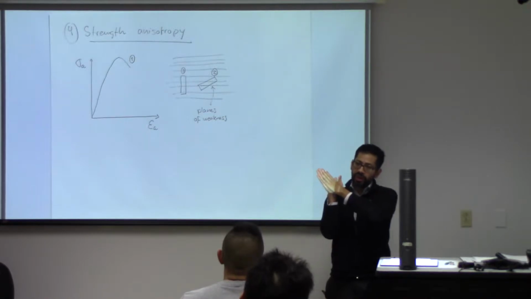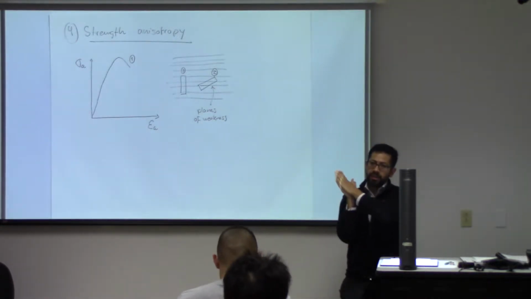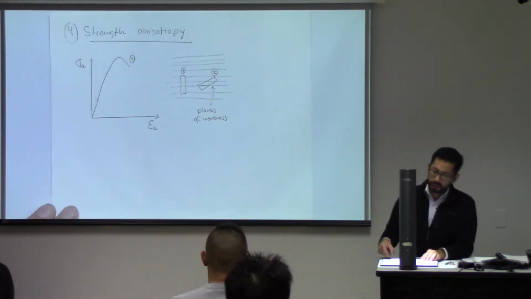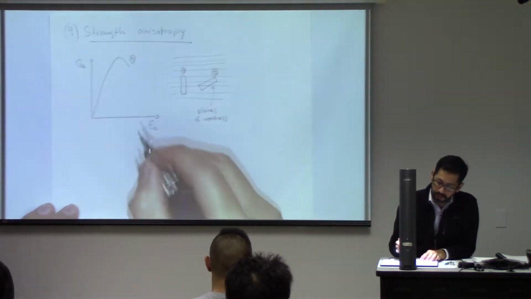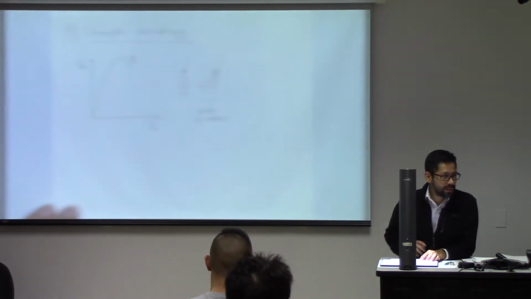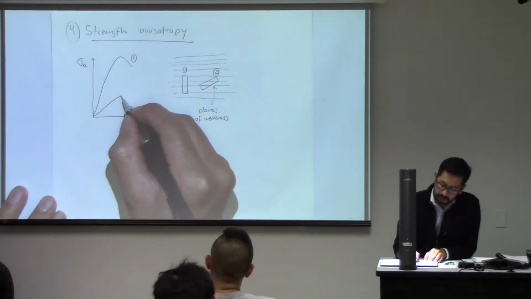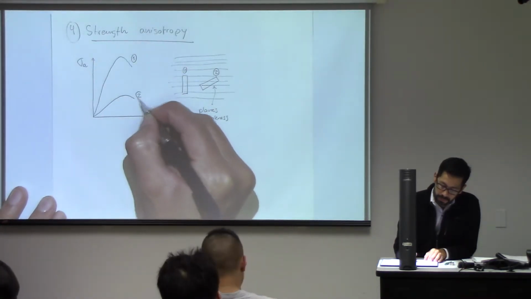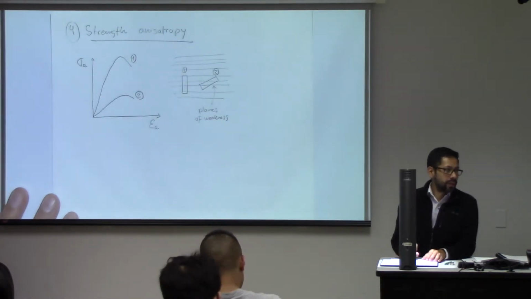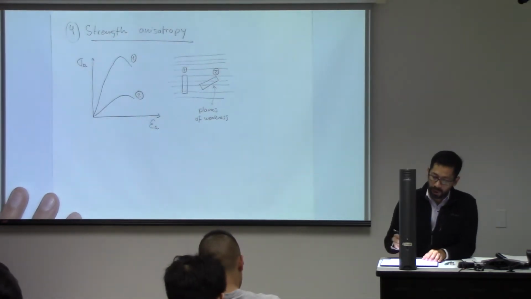You may have some strength if you have a normal stress applying on it, but otherwise you will have very little. So let's consider they are just poorly cemented, but anyways, those are going to be much weaker than the one in this direction. Why?